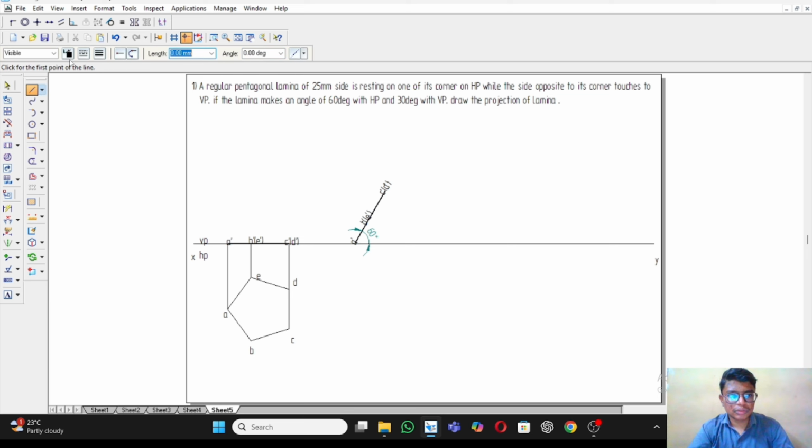We have to take the projection downwards. The projection should be normal line. A dash we will take to A. Let's take the second projection which is B dash and E dash.